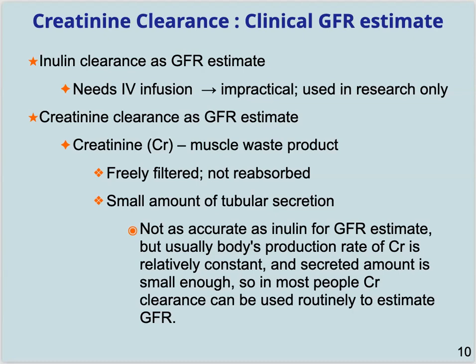Unlike inulin, creatinine is constantly produced by the body and does not need to be administered. Normally, the production and breakdown rates of creatinine are relatively constant, and the plasma concentration of creatinine doesn't vary much.